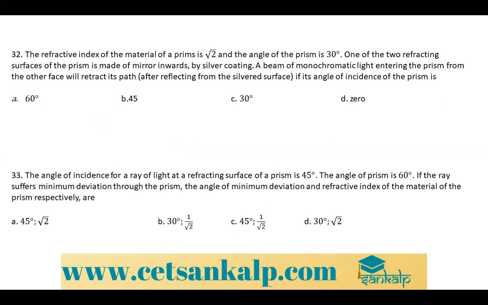A beam of monochromatic light entering the prism from the other face will retrace its path after reflecting from the silvered surface if its angle of incident of the prism is.